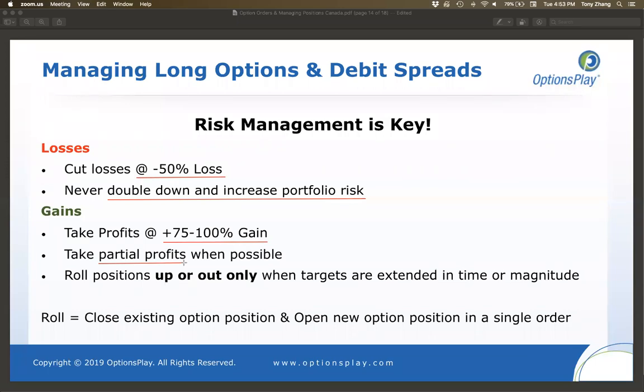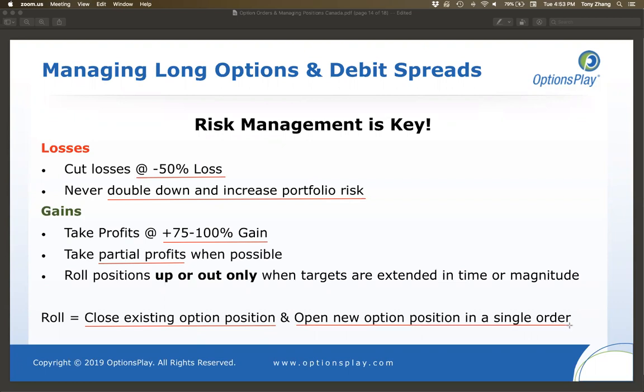And the only time that you want to roll a position, and I get a lot of questions, a roll just simply means closing out an existing position. So if, let's say, you're long some call options, rolling it means selling those call options that you've bought and then opening up a new position in a single order.